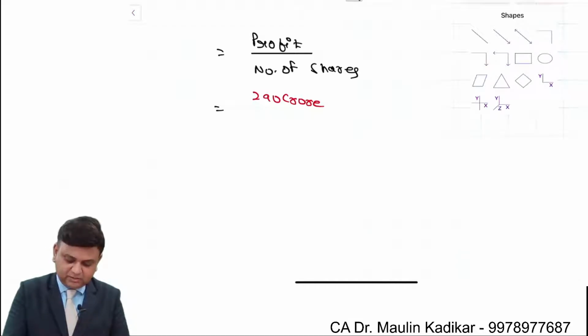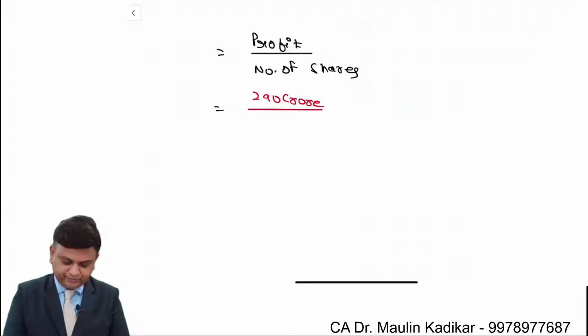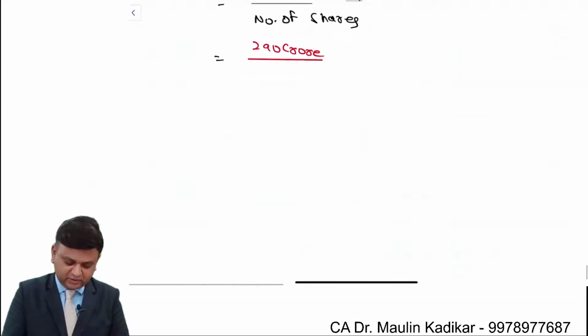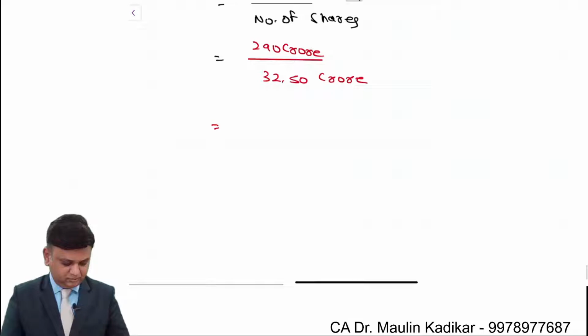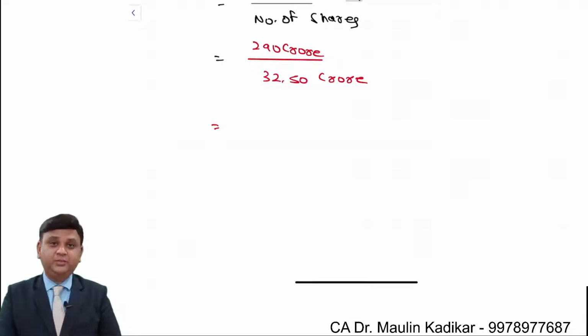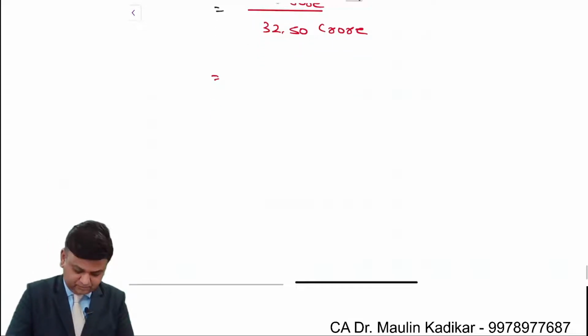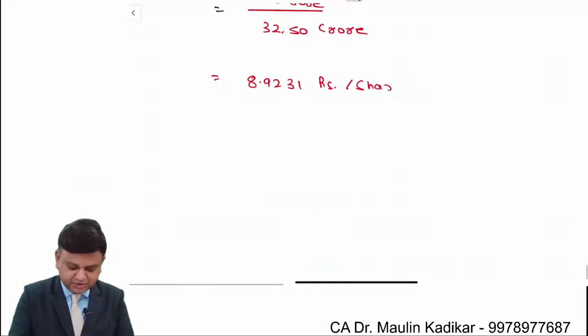So 290 crore divided by 32.5 crore, so 8.9231 rupees per share.